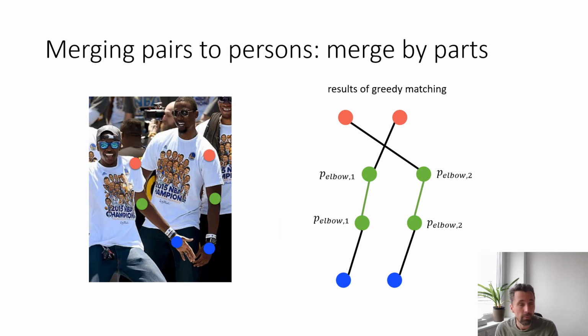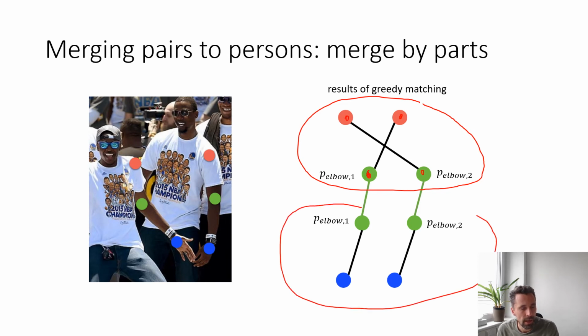Okay, so what we now have to do is to create humans from limbs. So the first greedy matching produced this link, so that shoulder is connected to that elbow, and the other shoulder is connected to that elbow. And then we did the same matching procedure with this graph, right?